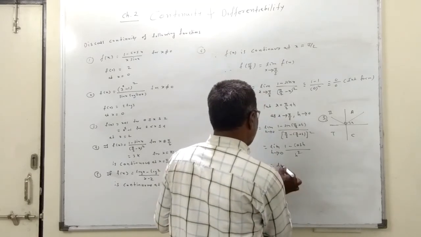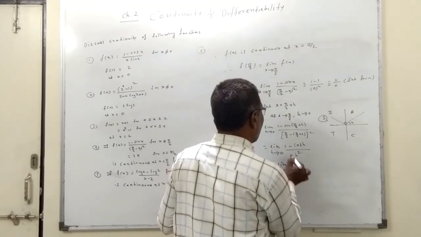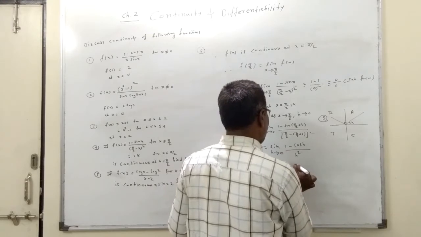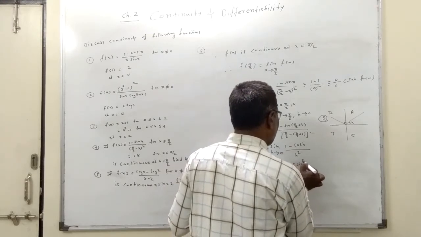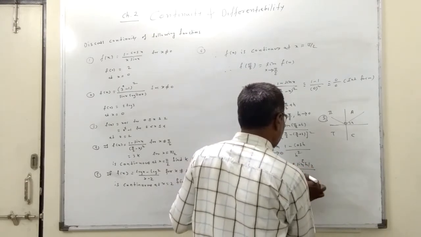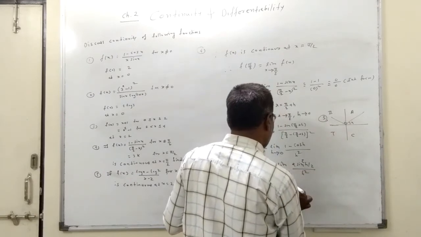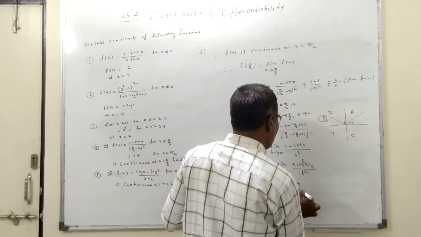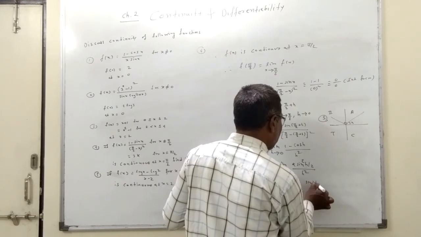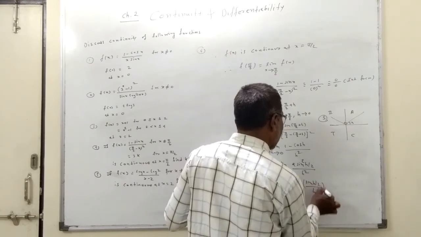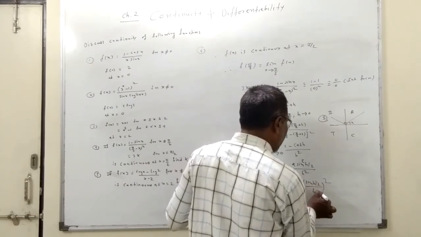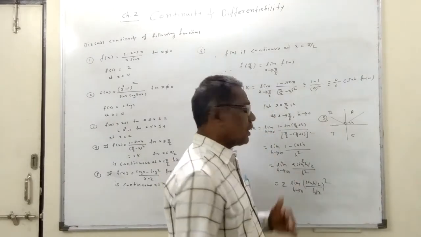So that is equal to limit h tends to 0. Now use your formula: 1 minus cos h is 2 sin square h by 2, divided by h square. So that is equal to 2, the constant, taken outside, limit h tends to 0, sin h by 2 divided by h, bracket square. Now the angle is h by 2, so h by 2 is required at the denominator; the formula is sin h upon h.